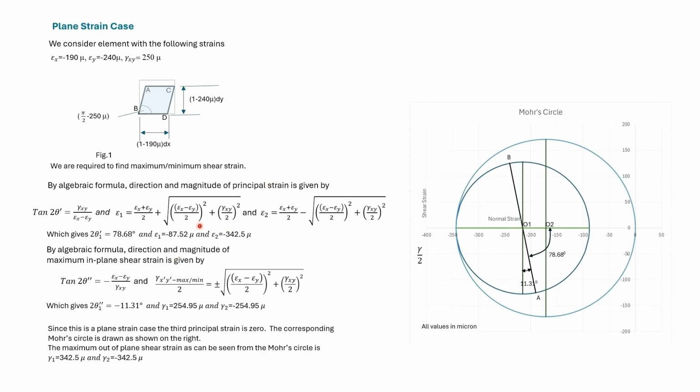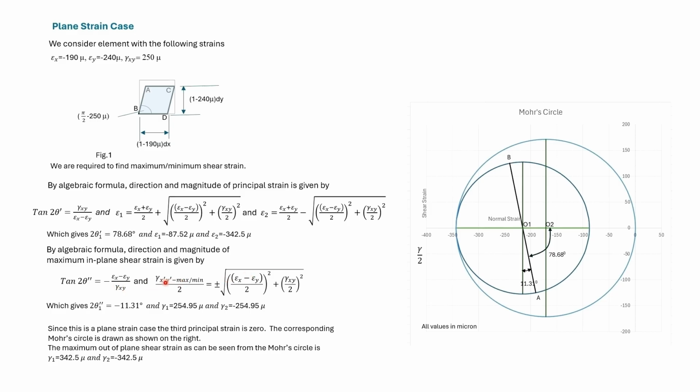So the in-plane Mohr circle of strain will be on one side of the shear strain axis. As such, the in-plane maximum and minimum shear strain will not be the absolute maximum and minimum shear strain.